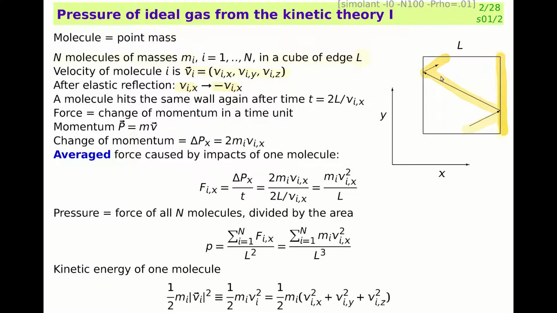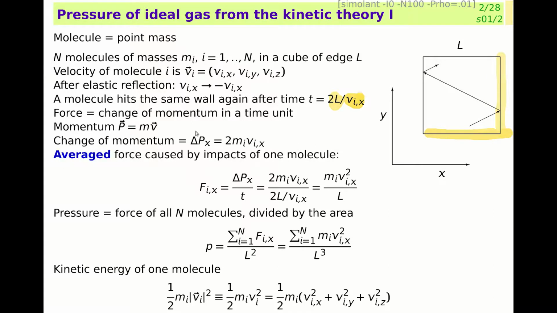Well, it may also hit other walls, so it actually can go something like here, but it's not important here. We are interested only in collisions with one selected wall. And this time after which it goes back is 2L, because it must go there and back, divided by the velocity.